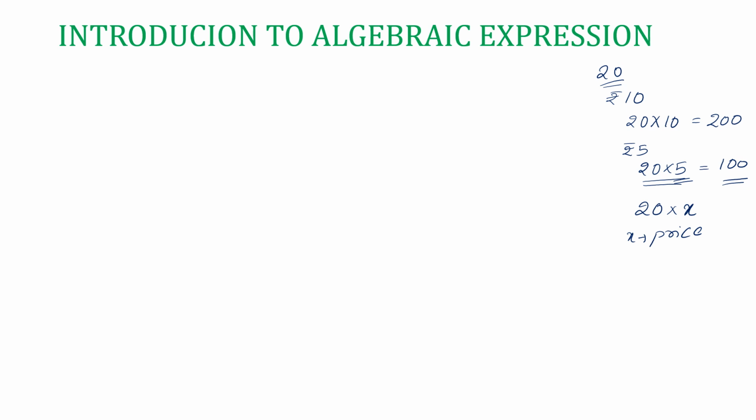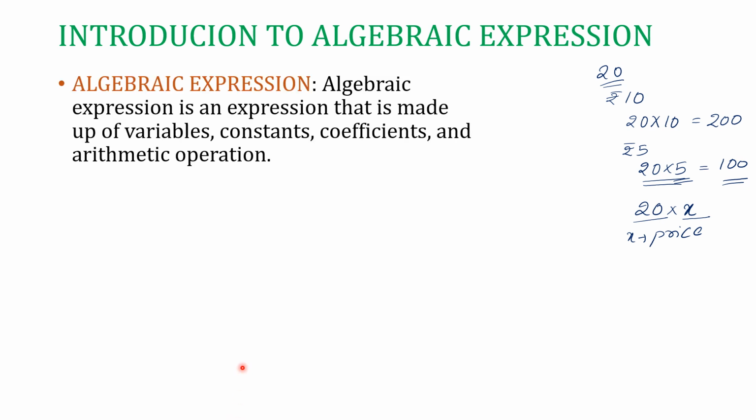This way of expressing our sum with the help of variables, constants and arithmetic operations, we call an algebraic expression. So an algebraic expression is an expression that is made up of variables, constants, coefficients and arithmetic operations. Here we have used x as the variable and 20 as the constant.